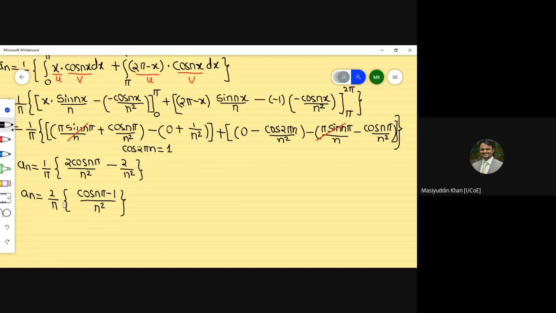So 2 by pi into cos n pi minus 1 upon n square we got. But here, as we should be aware, cos n pi is equal to plus or minus 1, or we can write it as minus 1 raised to n. So we have to put both values here. I'm writing the statement clearly here.